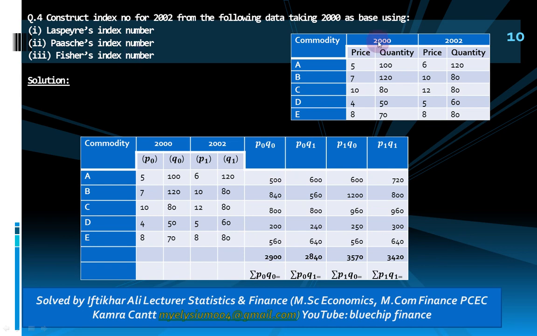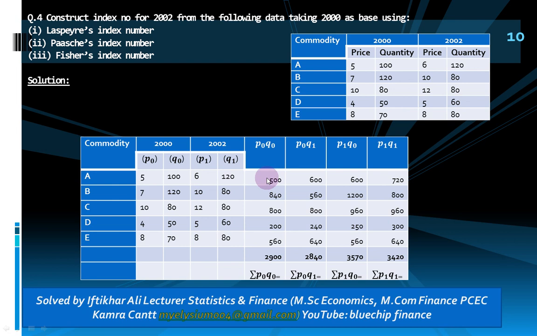The first year represents the base year. So the first period price is called P naught, first year quantity is called Q naught, current year price is denoted as P1, and current year quantity is denoted as Q1. Now we need four different calculations: P naught Q naught, P naught Q1, P1 Q naught, P1 Q1.